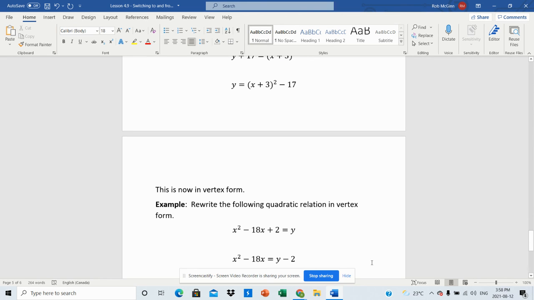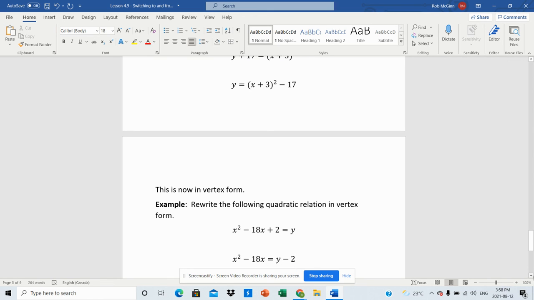So now we've got x squared minus 18x. We need to find our missing third term that would make that a perfect trinomial square. We're going to divide minus 18 by 2. We'll get minus 9, sorry.